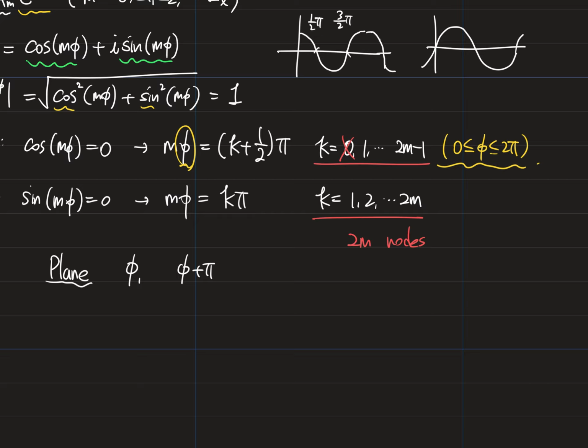So let's say if you rotate this plane by pi, the plane's up and bottom will be reversed, but anyway the plane would be the same, right?